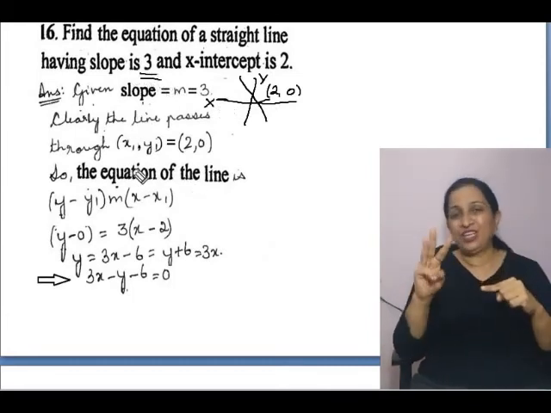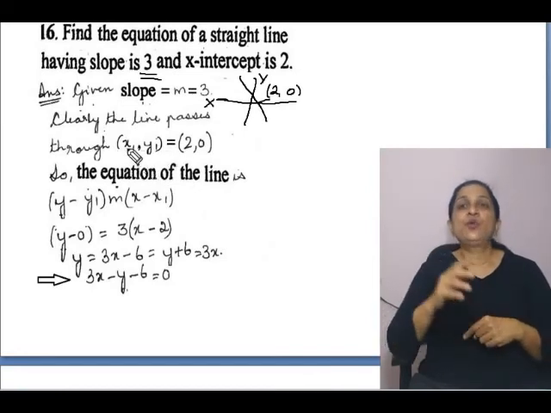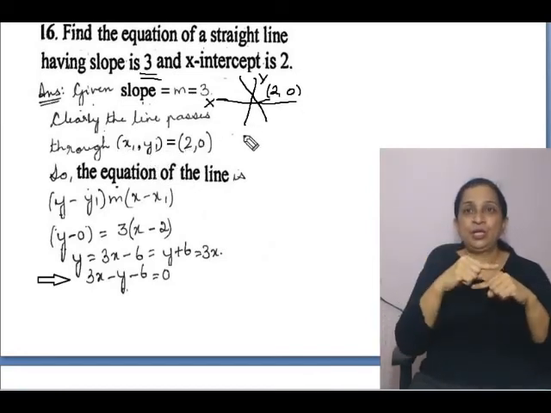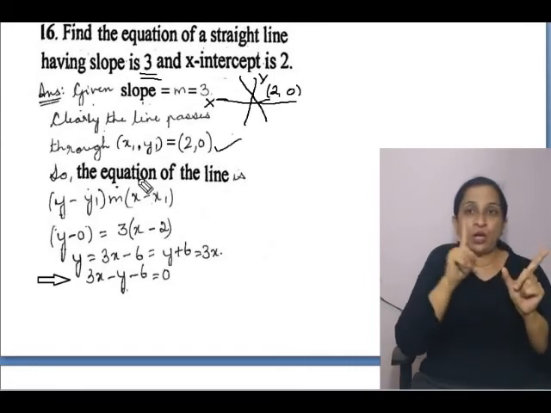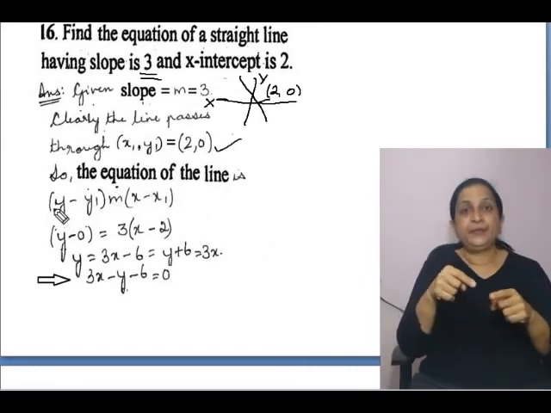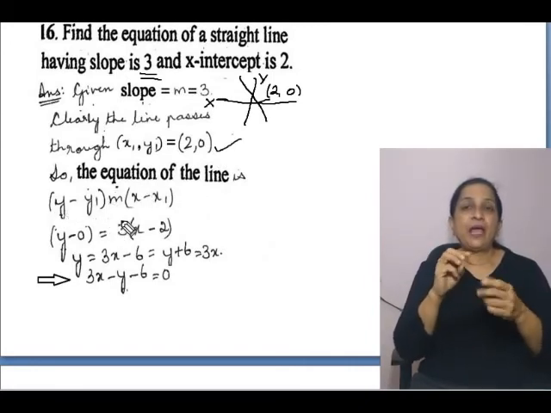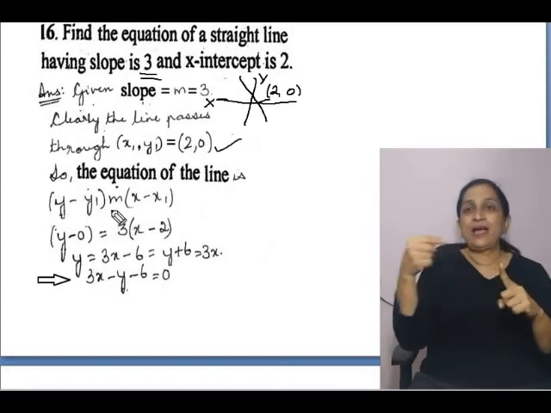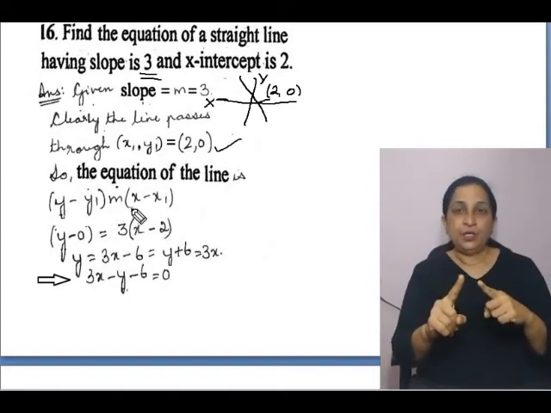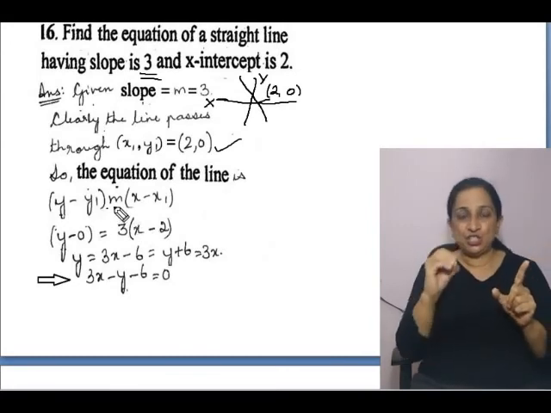Remember the point is passing through 2 and 0, right? That is one point. Then we put our standard equation, y minus y1 is equal to m into bracket x minus x1.